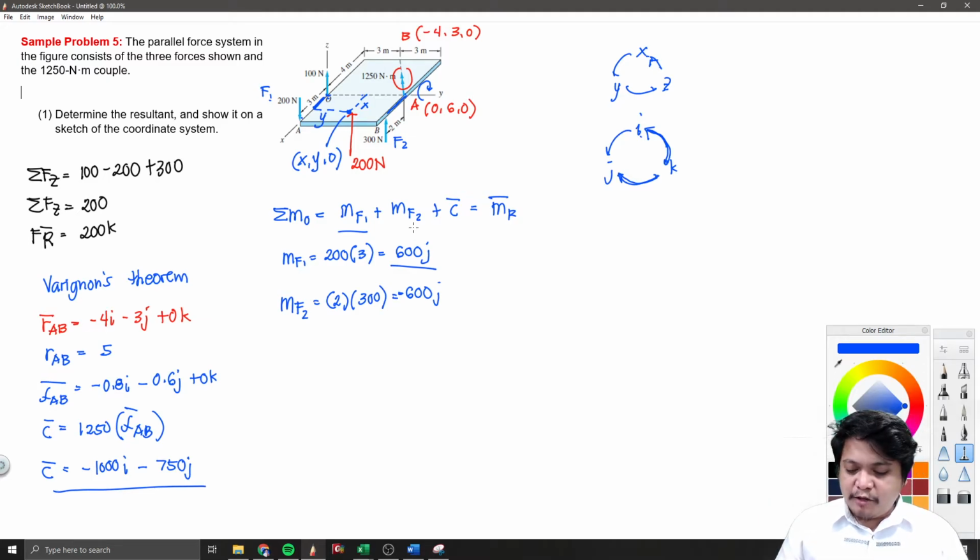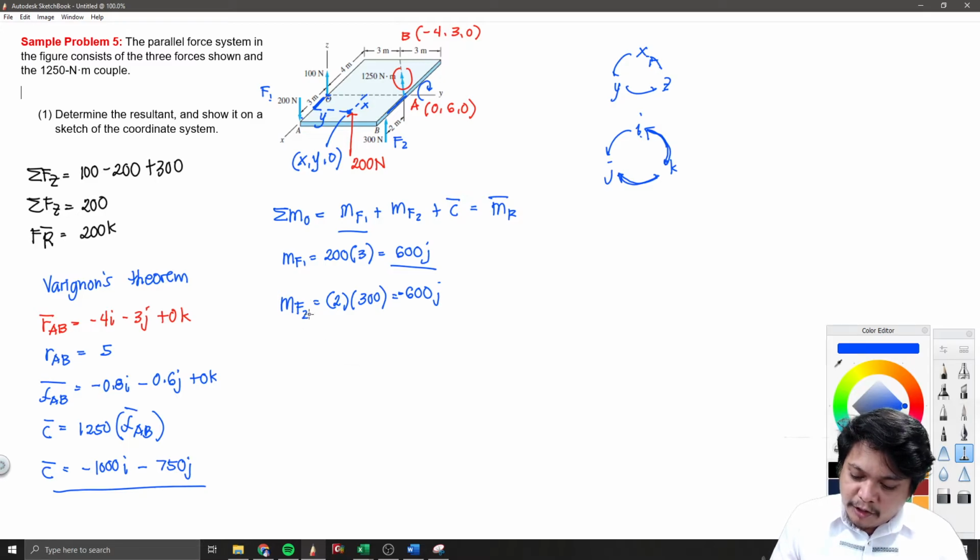So, ibig sabihin, yung pinaka-moment natin, yung summation moment ko, so, that would become 600J, and then, minus 600, and 600J. Oops, teka lang ha, baka meron pa ako dito. Ayun, meron pa nga. Meron pa.